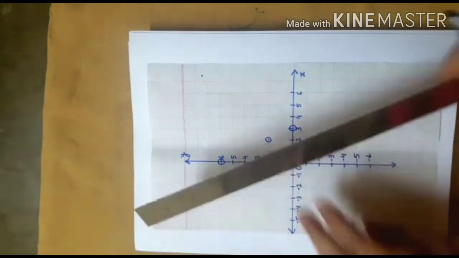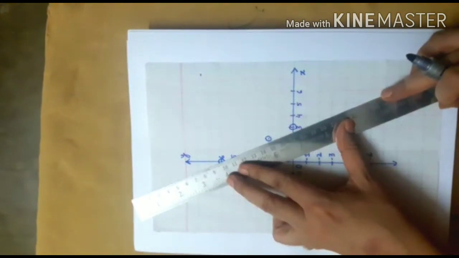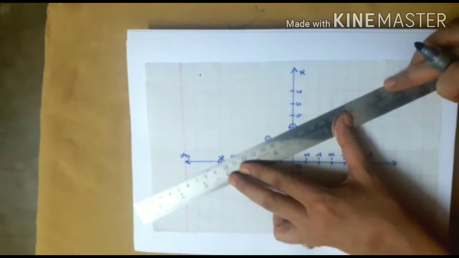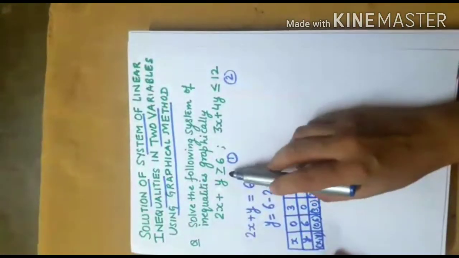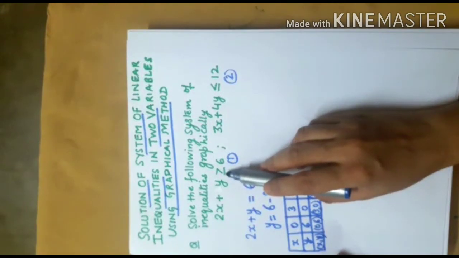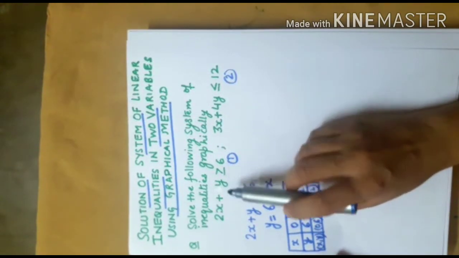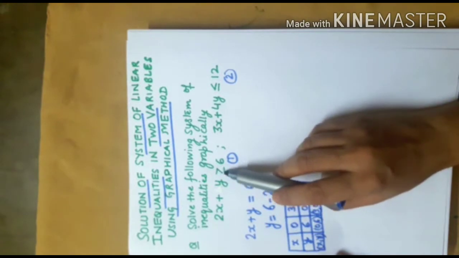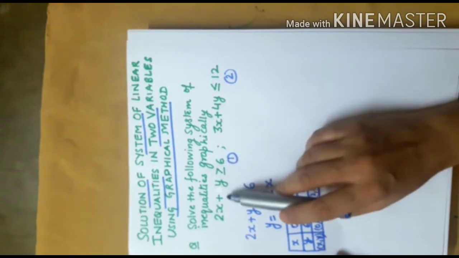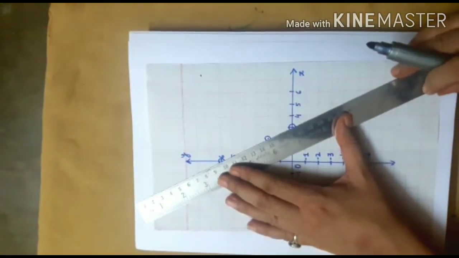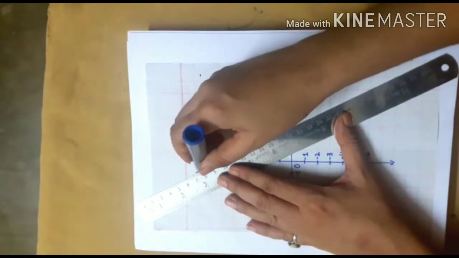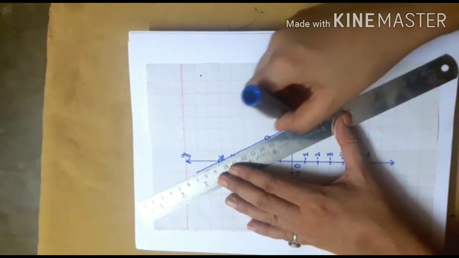Now I join these points. You can see they are in a straight line. And look here, the inequality is not strict: 2x plus y is greater than or equal to 6. That means points on the line will be a part of the solution region. So I'll draw a dark line like this.